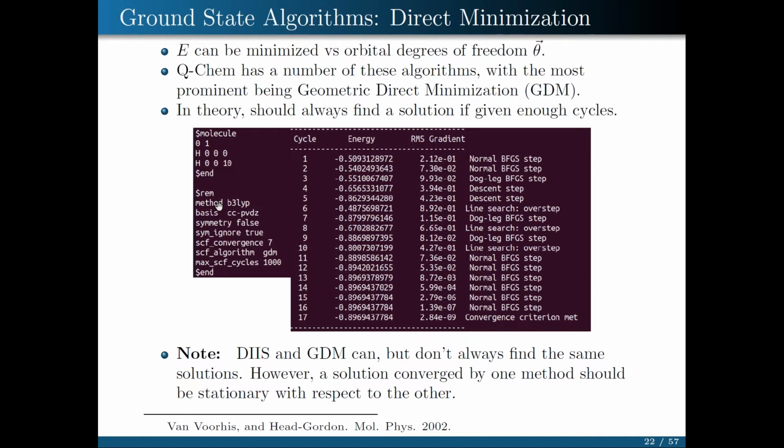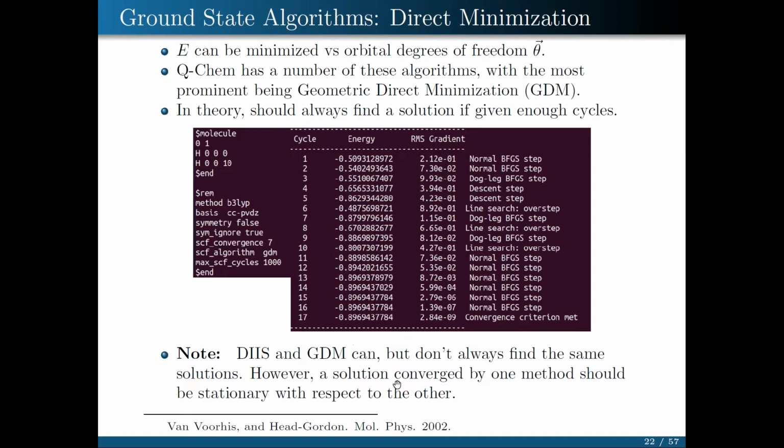In theory, an approach like GDM should always find a solution if given enough cycles, although it might overstep or undershoot at times. But as you see for the H2 with the 10 angstrom stretch and B3LYP, GDM gets you a solution in 17 steps, a lot more than what DIIS did for the equilibrium solution, but it manages to at least find something for the stretched case where DIIS could not.